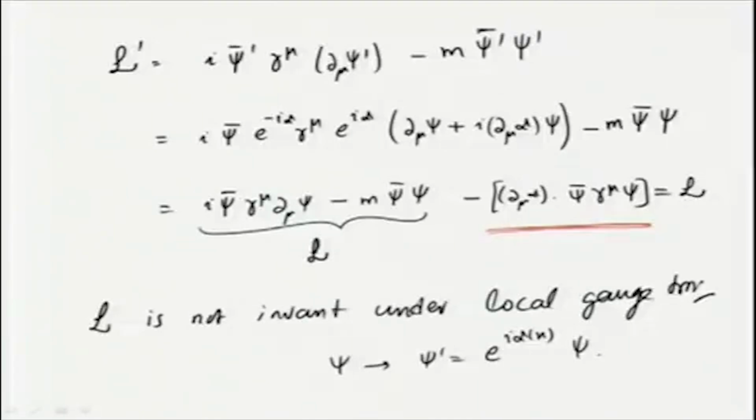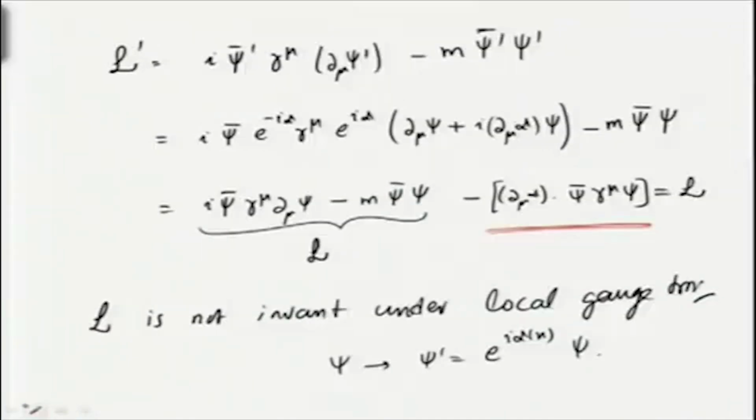So, the Lagrangian has to be modified. We also recognize that dou mu alpha is actually a vector quantity. So, there is a vector quantity that is pre-multiplying a current like quantity here.